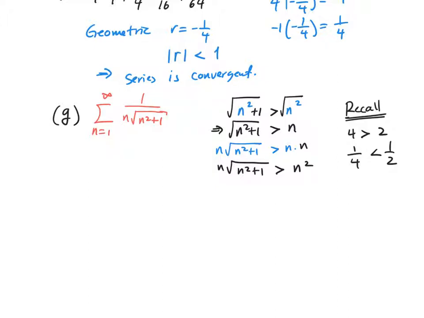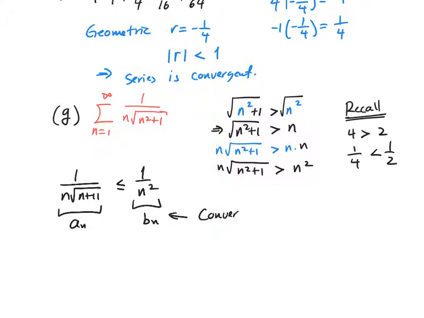Here we end up with 1 over n times the square root of n squared plus 1 has to be less than, or it's actually less, but less than or equal to 1 over n squared. This is the original, this is a_n, and this is b_n. Recall that this is a convergent series. Why? Because it's a p-series where p is equal to 2, which is more than 1.